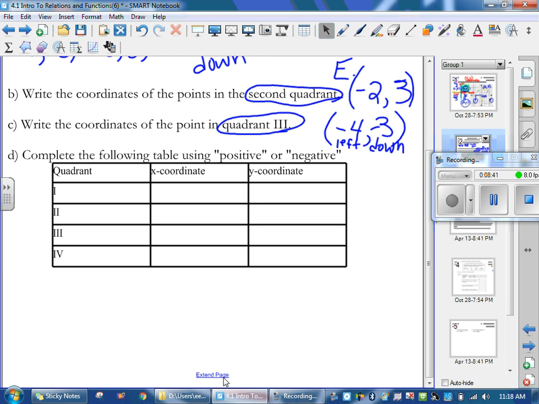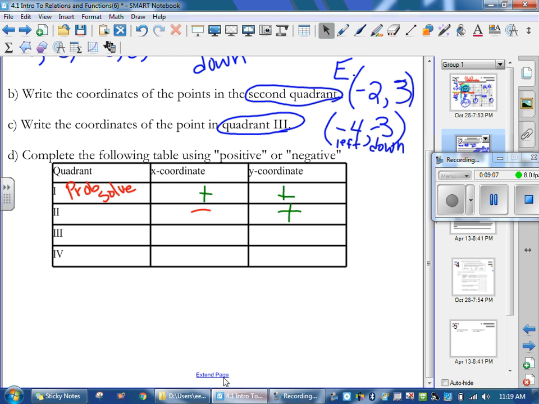For quadrant 1, this is our problem-solving quadrant, where everything is always positive. Quadrant 2, X goes negative, Y still positive. Here, let's write my positives in green, negatives in red. How about that? There you go.